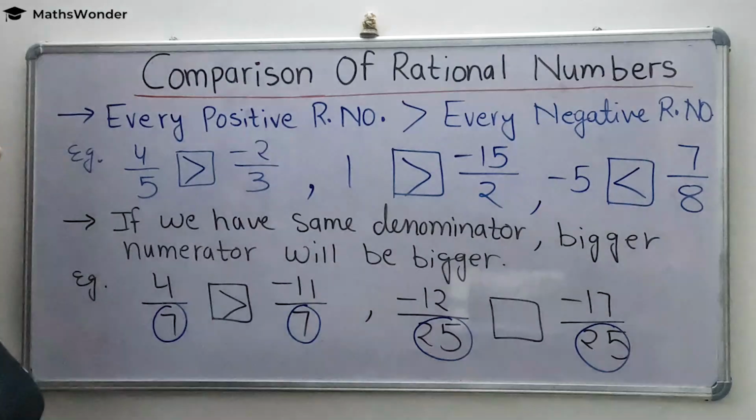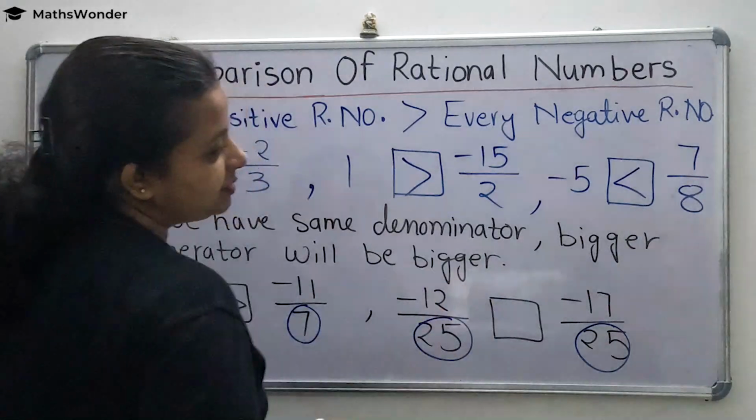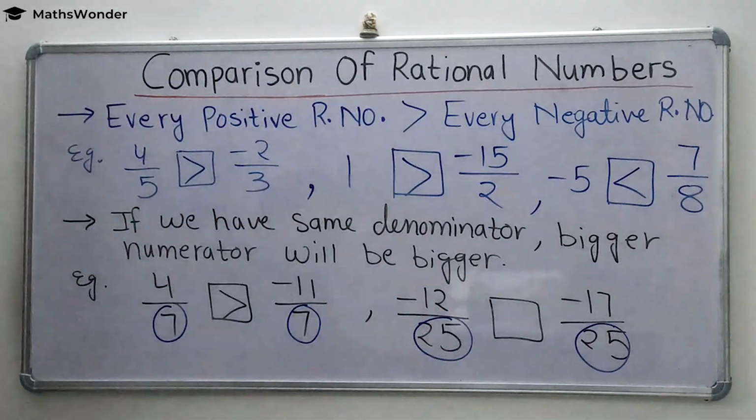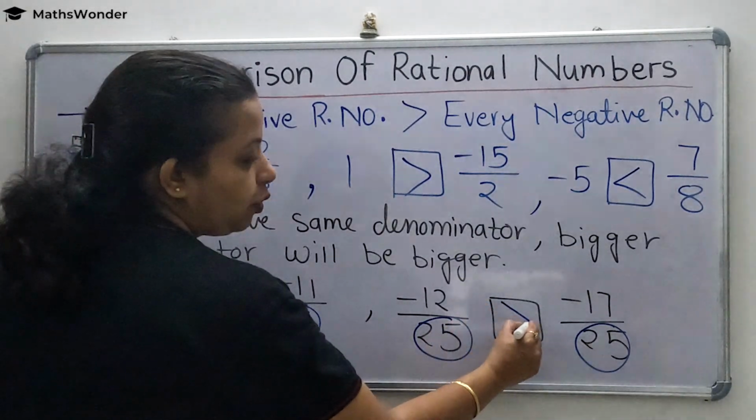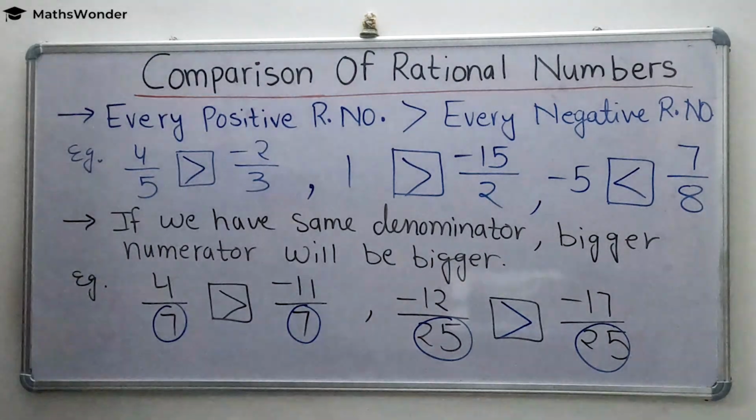So now you will compare only the numerator part. Which numerator is greater? It's negative 12 and negative 17. As we have already learned in integers, the smaller negative number is always greater. So the whole value will be greater than the other one.